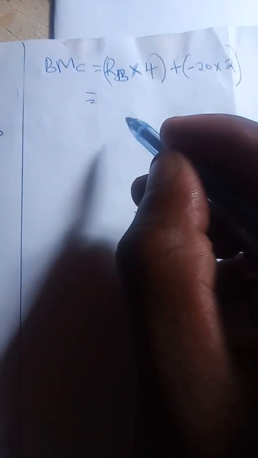So RB is 16.67 times 4, minus 20 times 2.